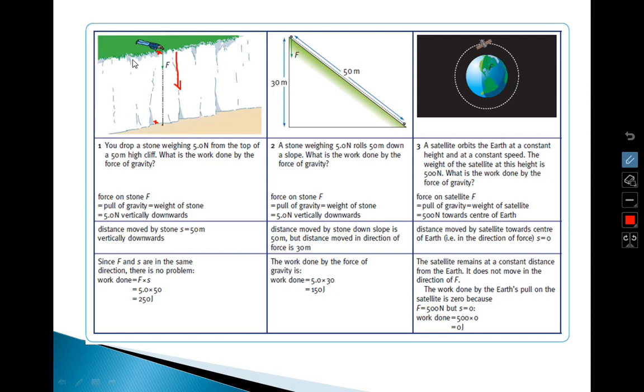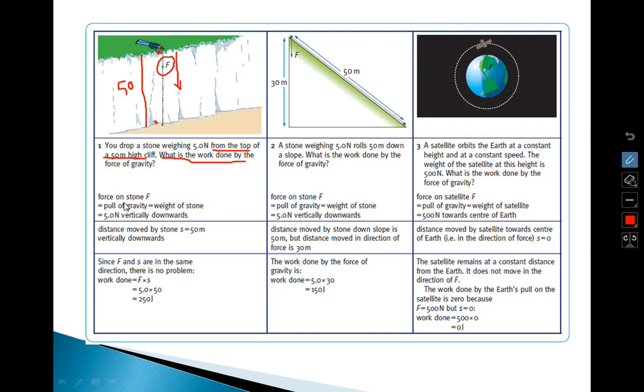The distance is 50 meter, 50 meter high from this point. So we need to calculate the work done by the force of gravity. Gravity will take the stone vertically downwards.